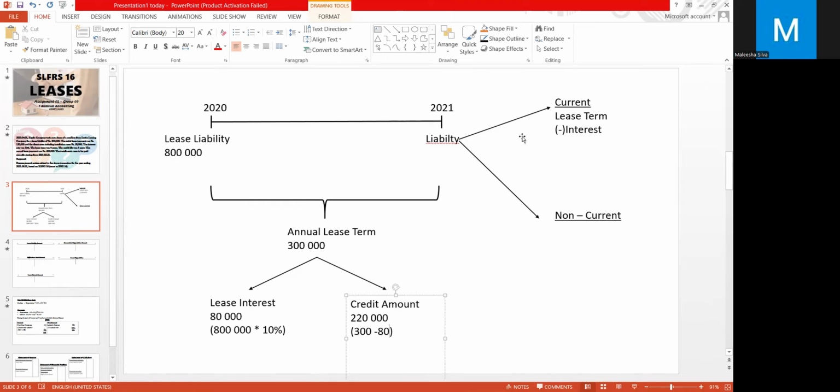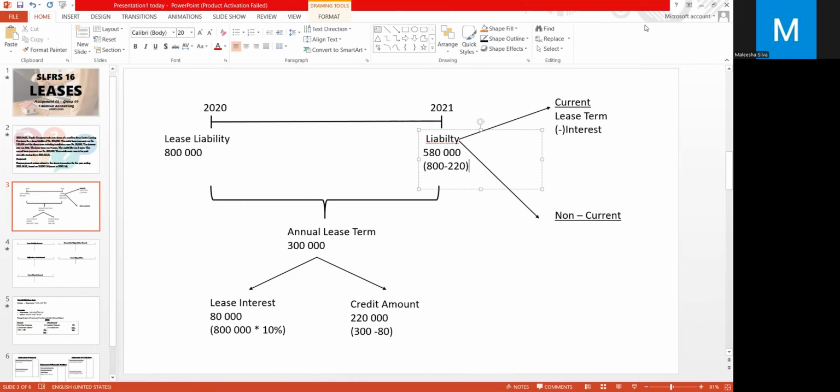After making the adjustment, the lease liability at the end of the period is reduced by the credit amount: 8 lakhs minus 220,000, then 580,000.